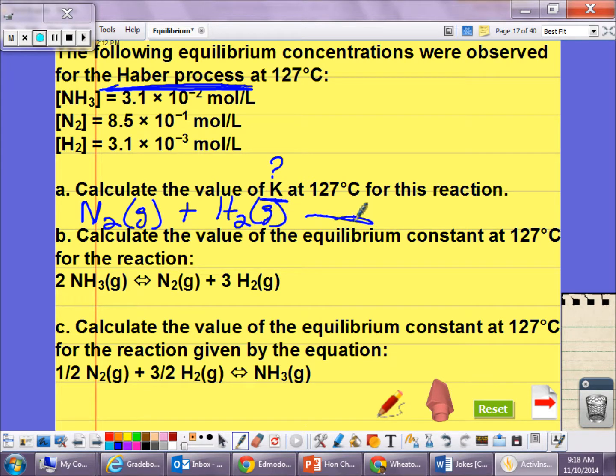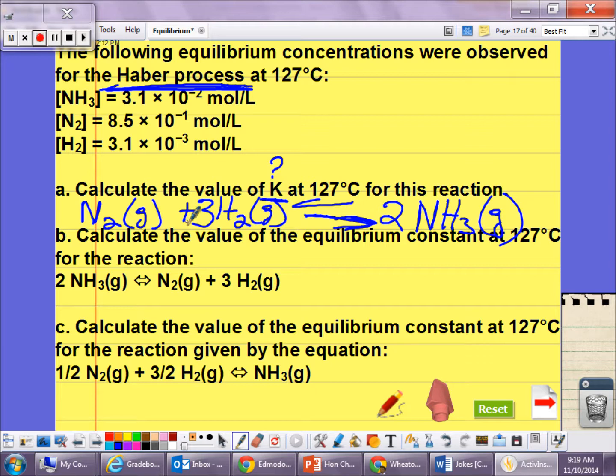And a lot of people make a lot of money with this just by being able to manipulate that equilibrium. This is ammonia they use for fertilizer, and then you balance this equation. I have 2 ammonia and 3 H2. So get used to that balanced equation. You will be using it a lot.